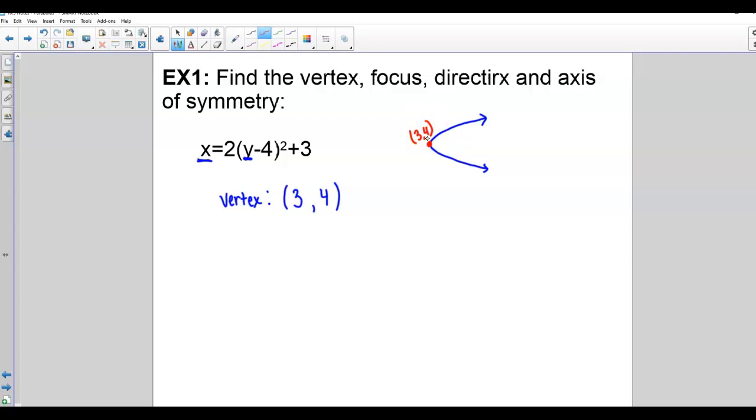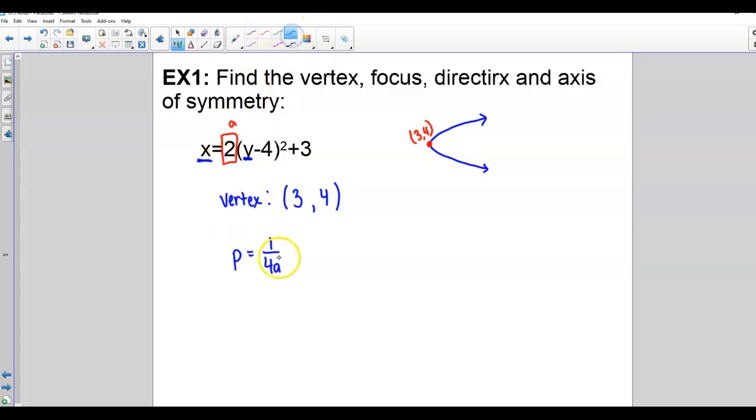So in order to find the focus, the directrix, well, actually we could do axis of symmetry now, but let's do focus and directrix first. We need to know that focal length. So that's our P value, and it's always 1 over 4A. So our A for this is the value right here.